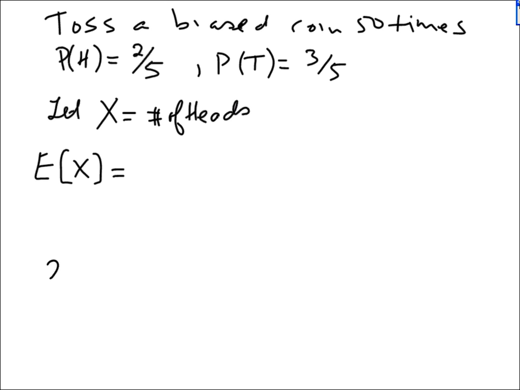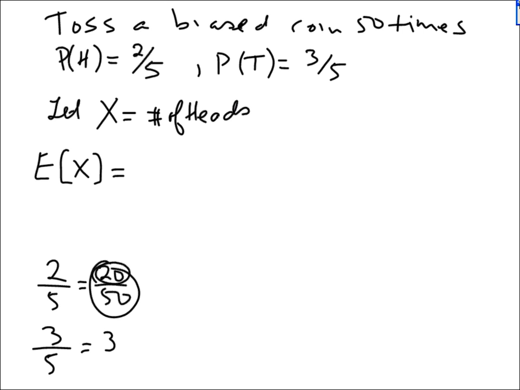Well, 2 out of 5, multiplying top and bottom by 10, is 20 out of 50. You would expect 20 heads. And for the record, 3 out of 5 is the same as 30 over 50. You toss this particular coin 50 times, you'll get 20 heads and 30 tails. So the expected value of the number of heads should be 20.